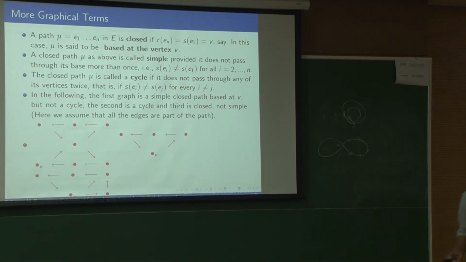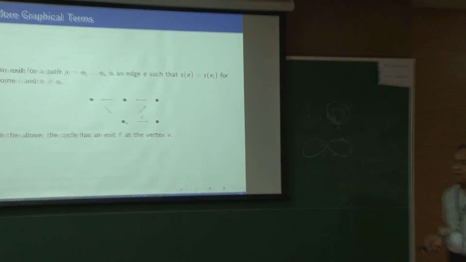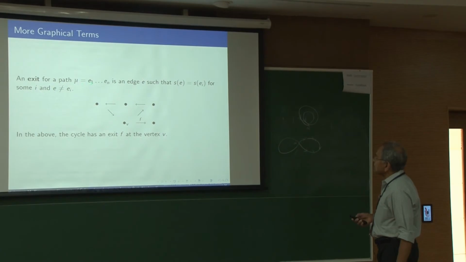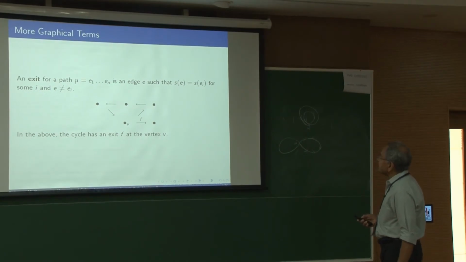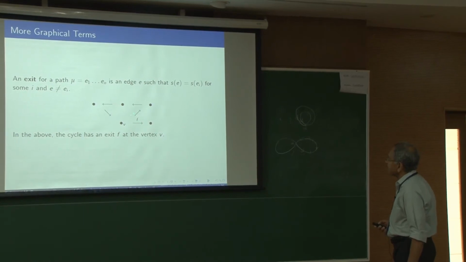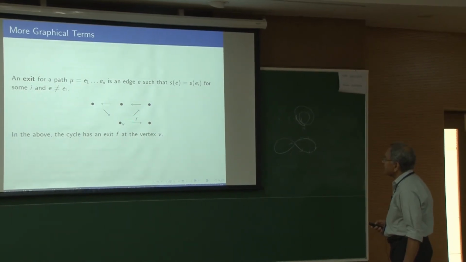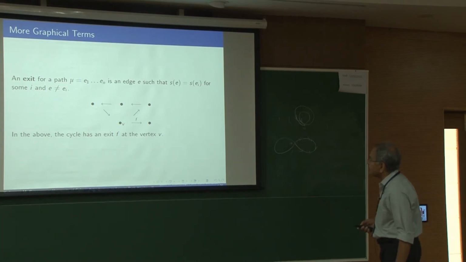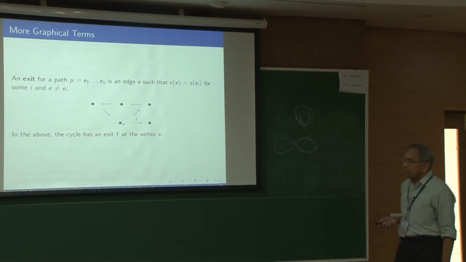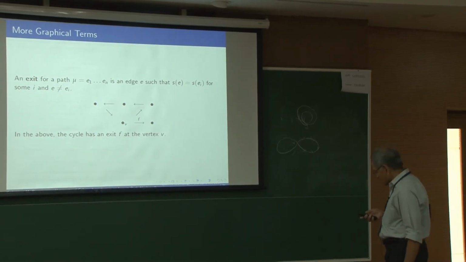An exit for a path e1 to en is another edge, like in this example f. See, here is the path, and f is an exit. It is not part of the path. So it's an exit whose source is the same, but the range of the edge is not equal to any of the vertices on the path.